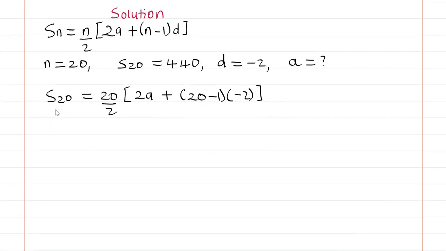What is the sum of the first 20 terms? 440. So we say 440 equals 10 into 2a plus, what is 20 minus 1? 19. 19 times -2, -38. Always use a calculator.